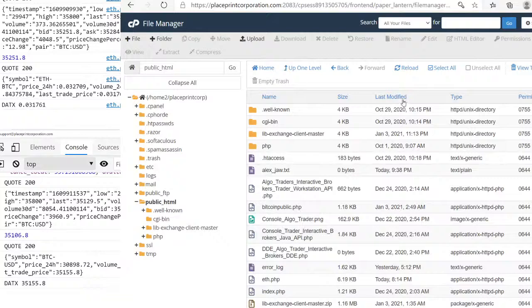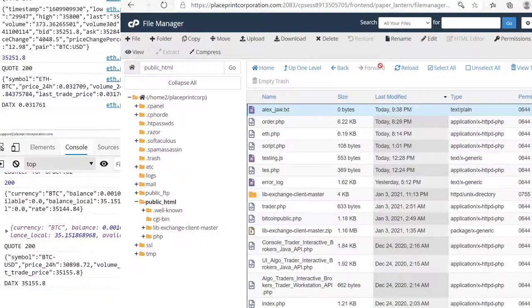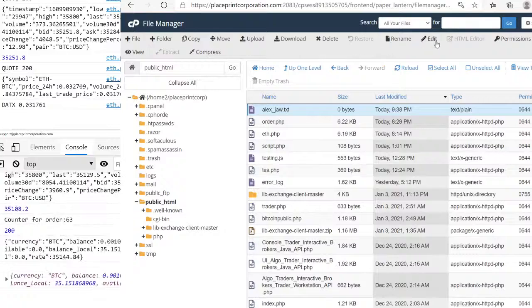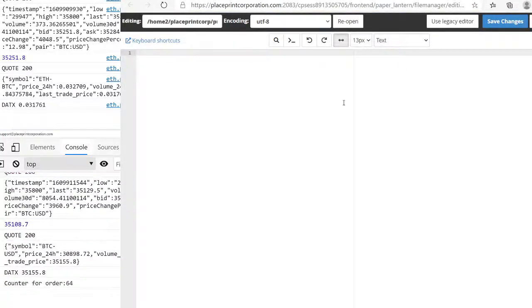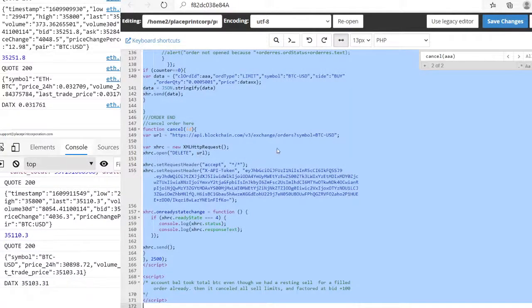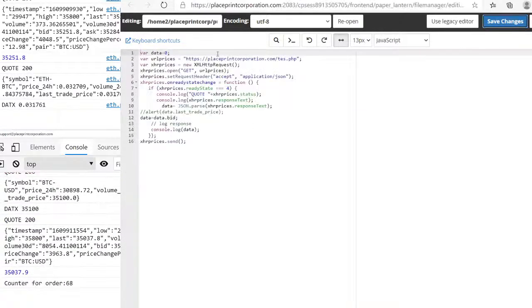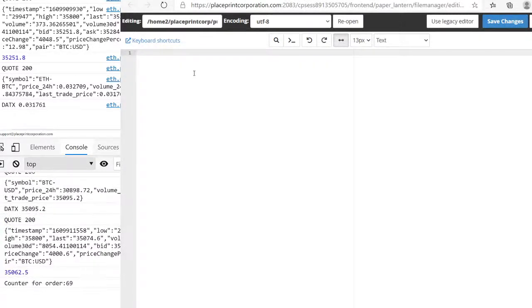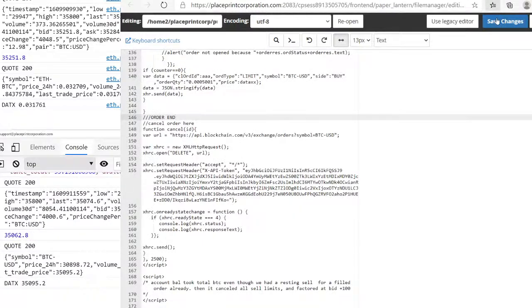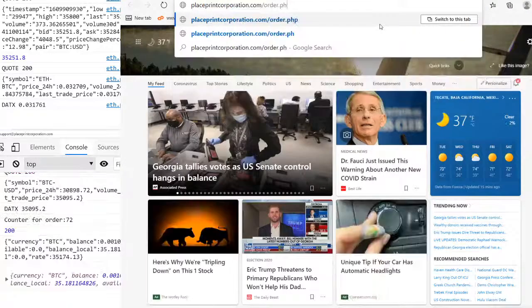I think I can do dot txt. Okay. So Alex dot jaw dot txt. Okay, here we go. I'll just put the code here. Yeah, it does have my token, but it won't work for you. So let's put that in there. Save it. Anybody that's watching here, here's the text to get the code.